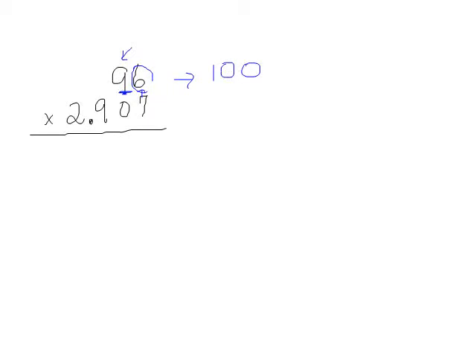Now let's look at the next factor. The greatest place value over here is 2. Now looking at the number right next to it is a 9, which is greater than 5. So that tells me I need to round up. So it's going to become, instead of 2.907, it's going to become a 3. You could have said it would be a 3.000.